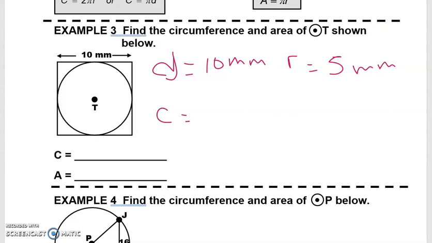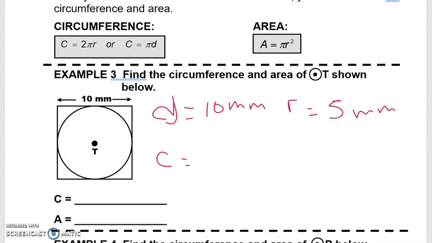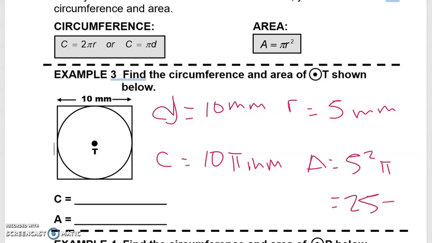Circumference says we can use the diameter, it's just pi times the diameter. So that's going to be, sorry, I like the number first, 10 times pi. Our area is pi r squared, so 5 squared times pi, which is just 25 pi.